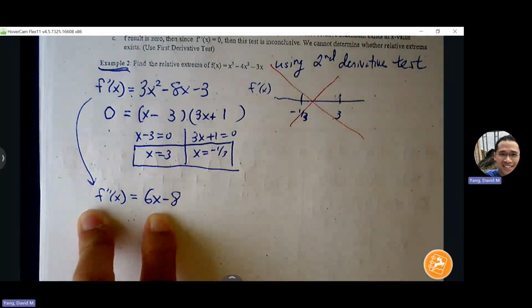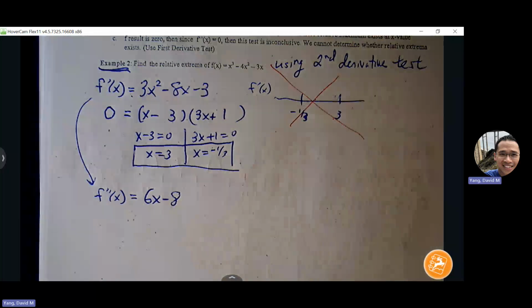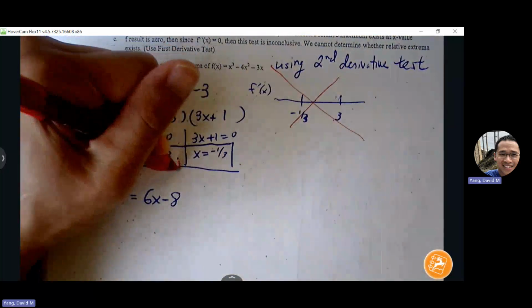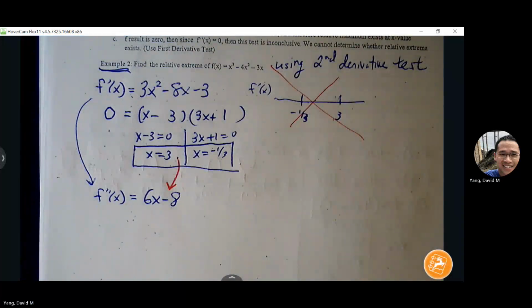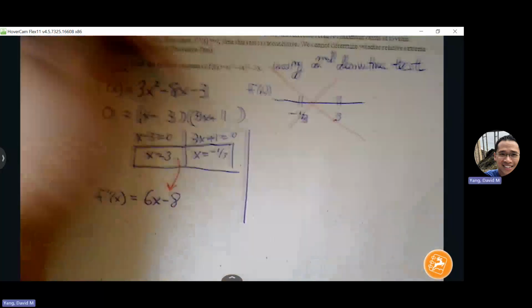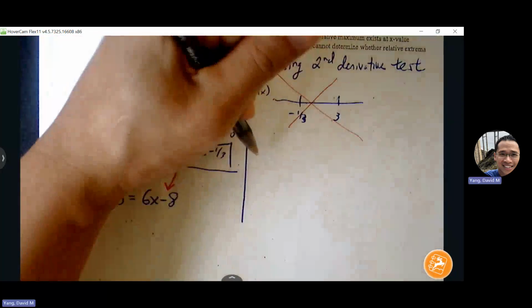No, that's something else, right? That's test for concavity. We're going to test these numbers into the second derivative function. So all these things are connected, but the steps are very important. They're distinctly different.